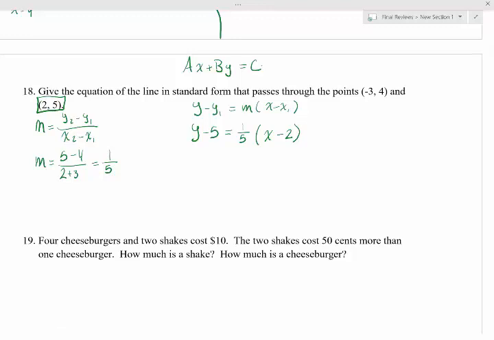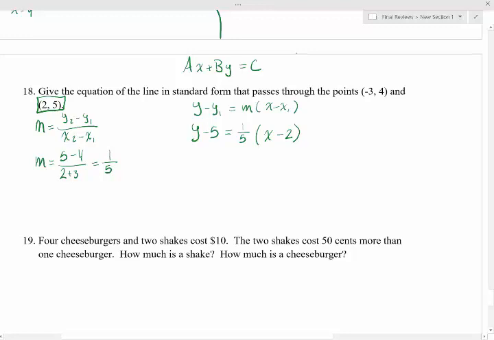And when I say integers, I mean a positive or a negative whole number, and a has to be positive. So we don't want any fractions, and we want a to be positive. Alrighty, so I'm going to go ahead and get it in this form.